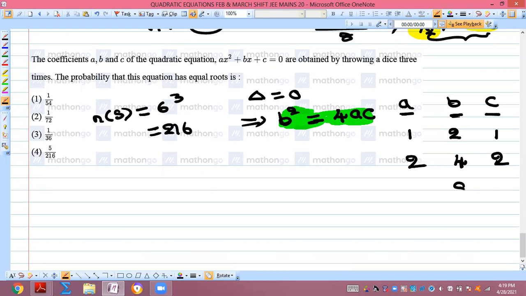Yeah, I can keep 8 also in the same way. 8 square is 64. 4 is possible.